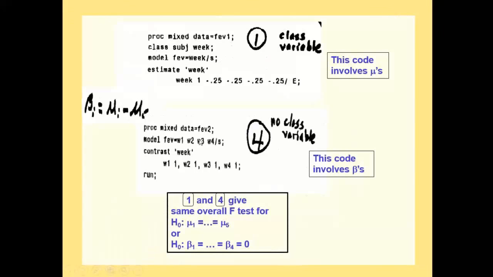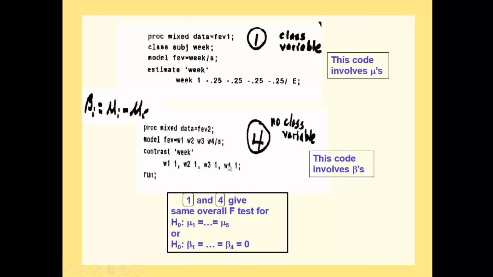Here's code 1, and here's code 4. What's the difference between code 1 and code 4? You notice code 1 doesn't have a contrast statement, but code 4 does. You see it? Code 4 has contrast, and it says week, W11, W21, W31, W41.